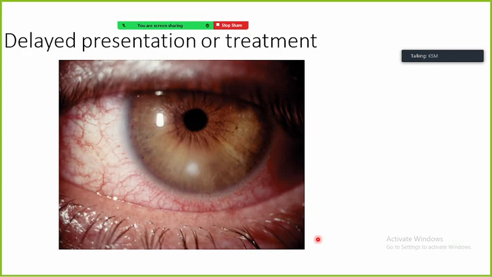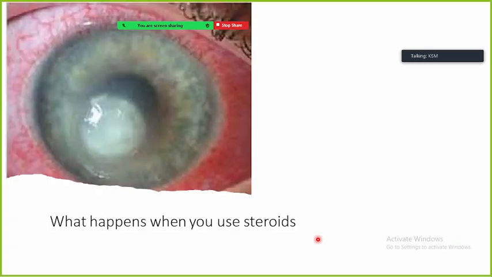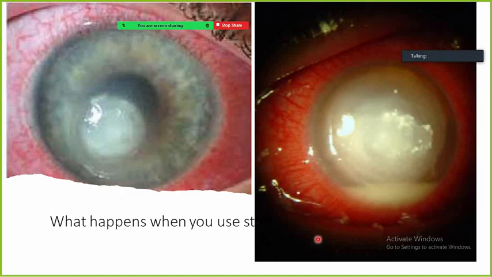Delayed presentation or delayed treatment, if there's a corneal injury and corneal infection, can give rise to a corneal ulcer. Especially if you inadvertently use steroids, you can give rise to a corneal ulcer which progresses, and then the patient might end up with blindness.